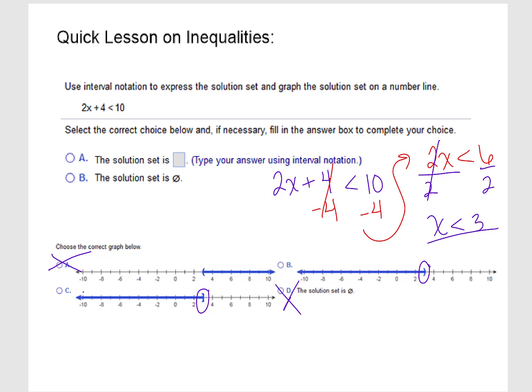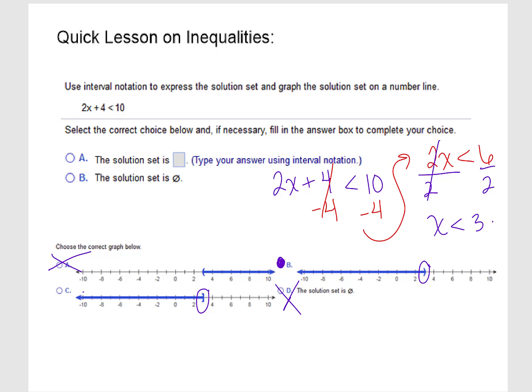So my answer would be B. If I had less than or equal to, then I would have gone for the bracket because I'm including 3. But because it was just less than 3, I'm using parentheses because I'm not including 3.